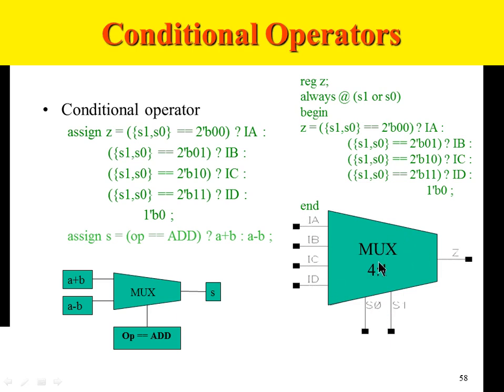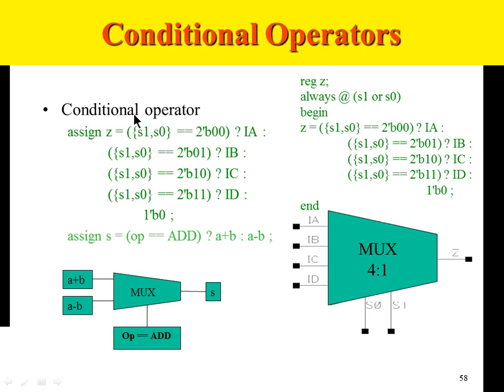That's how mux works. 2 select lines means 4 inputs and 1 output. If select line is 0 0, IA value will go to Z output. If it is 0 1, IB input will go to output Z. If select line is 1 0, IC input will go to Z. If select lines are 1 1, then input ID will go to output Z.